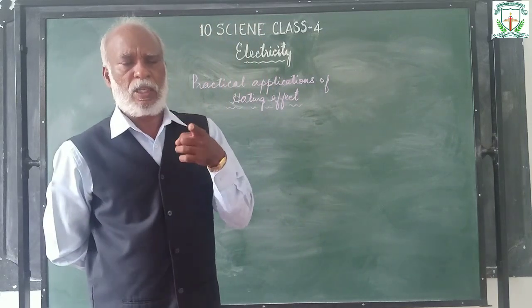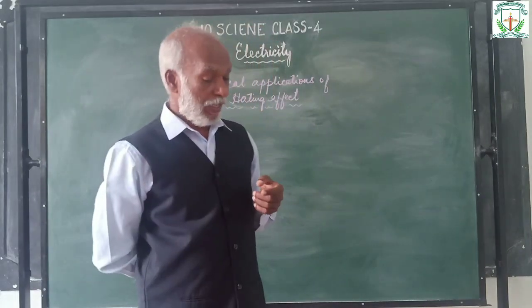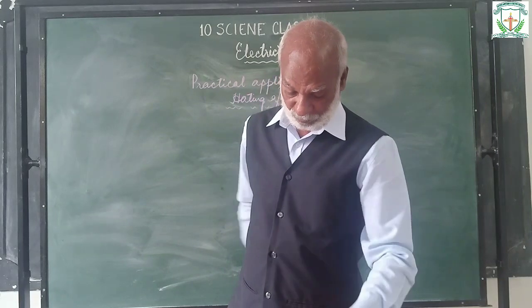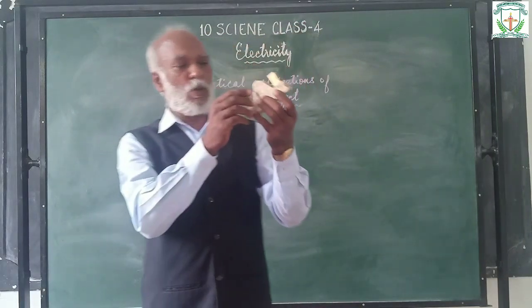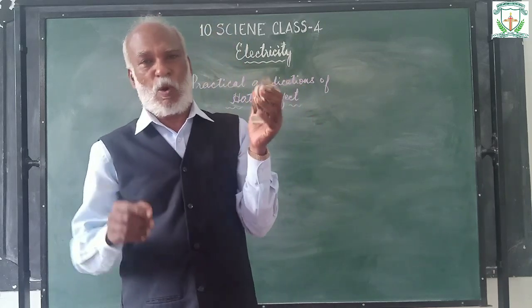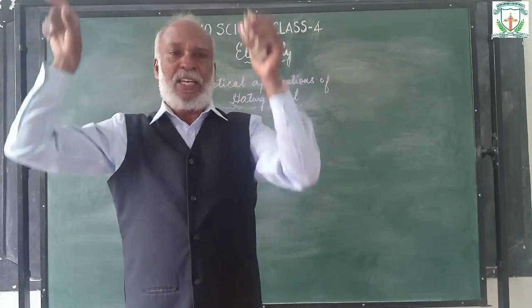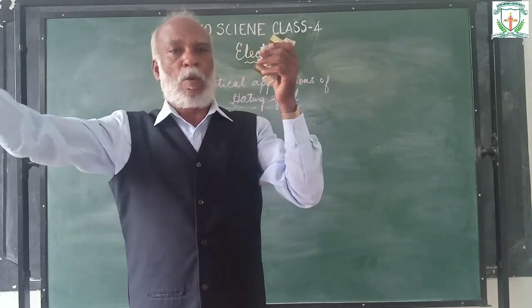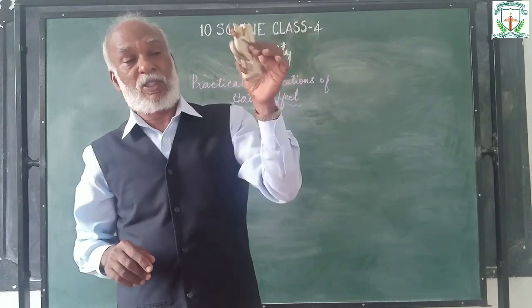Another important application of heating effect of electric current is electric fuse. You might have seen this fuse cutout used in the AC mains board in your house, the main switch board of the electricity supply point.